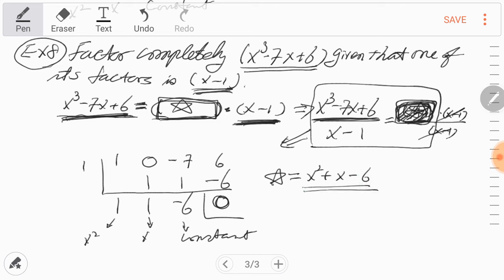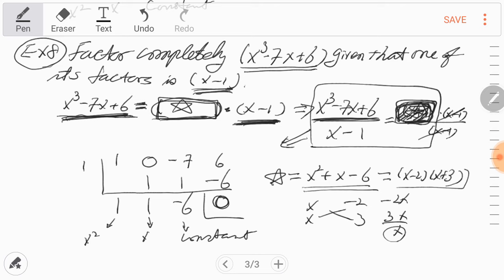But x squared plus x minus 6 is also factorable, because x times x is x squared, and 6 is 2 times 3, and we put the negative sign on 2. So this is negative 2x plus 3x, the sum is x. So this is x minus 2 times x plus 3. We can replace the star with this factor.